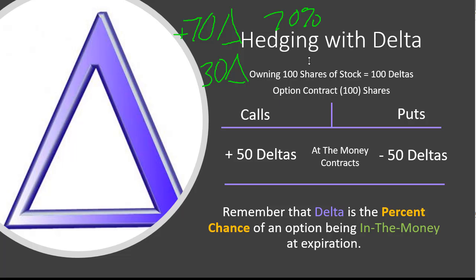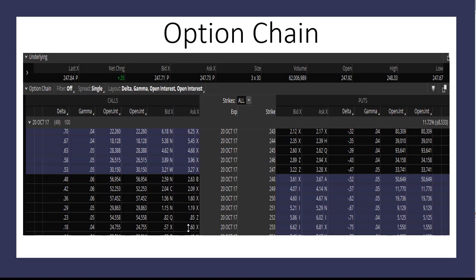This option only has a 30% chance of being in the money at expiration. So by thinking about our delta, we can actually hedge ourselves effectively, understanding our delta position overall. Okay? And being focused in on what that really means in the trade. So that's what we're doing all the time in these positions that we talk about.